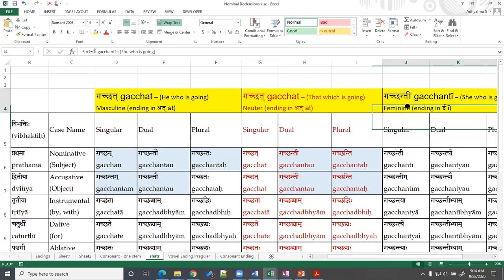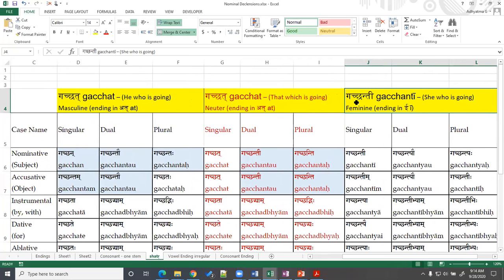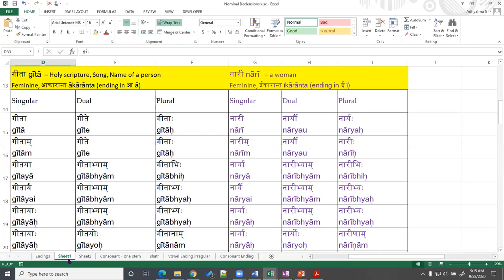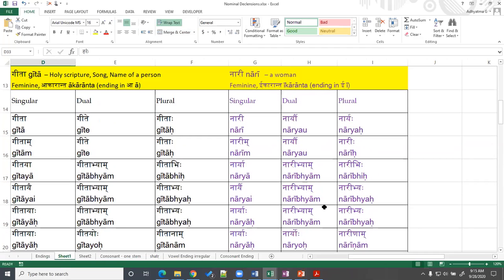When it is related to the feminine, things become a little easier because the feminine participle is made by gachanti. The base word itself is ikaranta. Like gachat, when you make a masculine, the feminine for this becomes gachanti. So then it becomes ikaranta, and we have already studied these ikaranta endings, like nari. So those declensions would be exactly like this declension, nari.